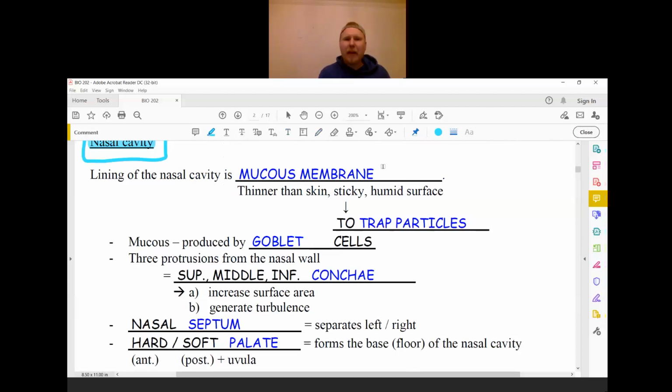A mucous membrane is a thinner-than-skin, very sticky, humid surface. The stickiness of the mucous membrane is generated by the mucus produced by the goblet cells. The function of this mucus is to trap any particles that we might not want entering the body.